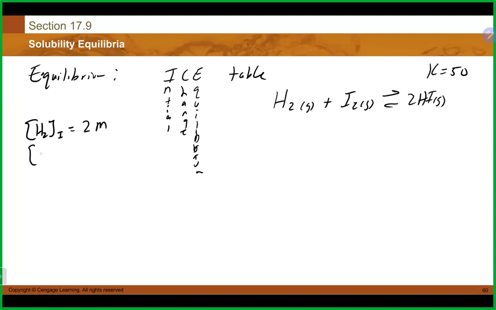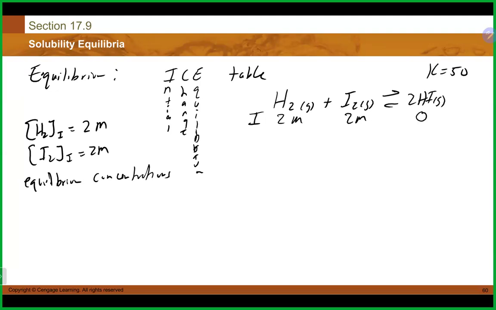And we had an initial concentration of I2 that was also 2 molar. And we want to know what is everybody's equilibrium concentrations. So the way that we do this is we would initially here in our ICE table just put our initial concentrations. So that's 2 molar, that's 2 molar. And typically speaking, if you are not given anything about the products, you could just put 0 initially.